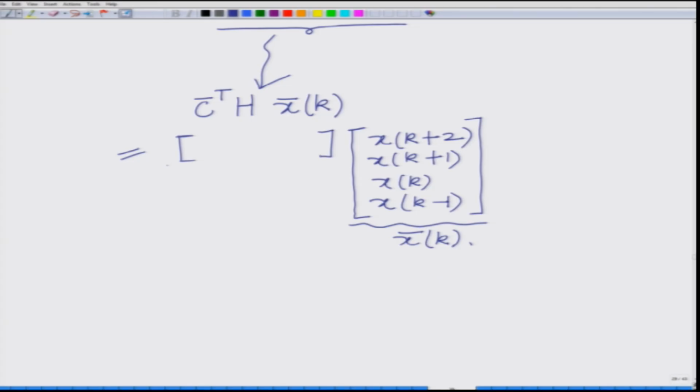So, if I look at this row vector, what should it be?